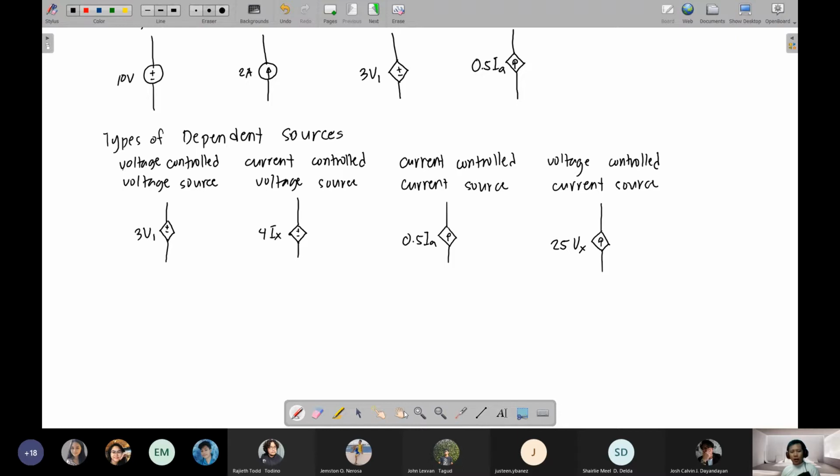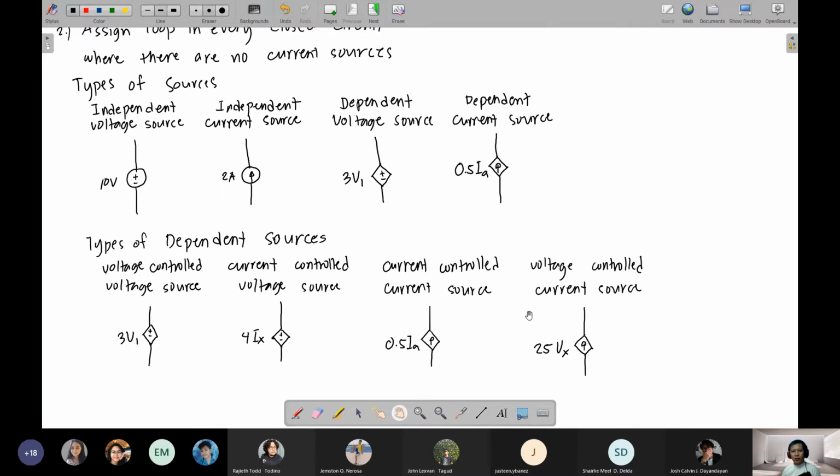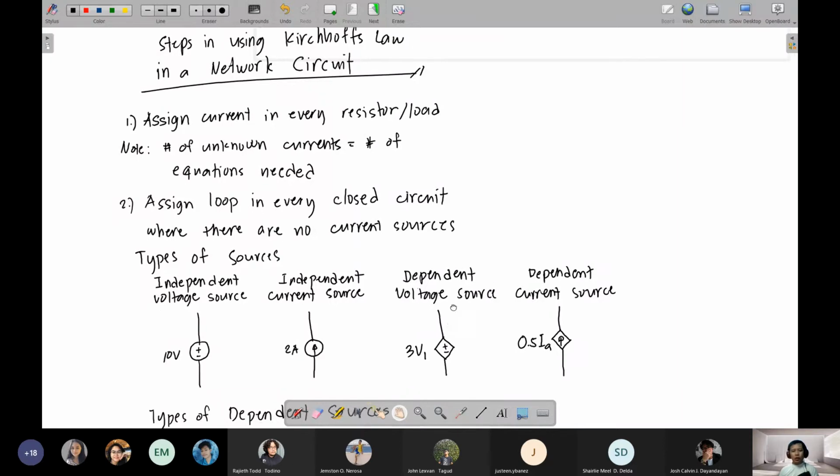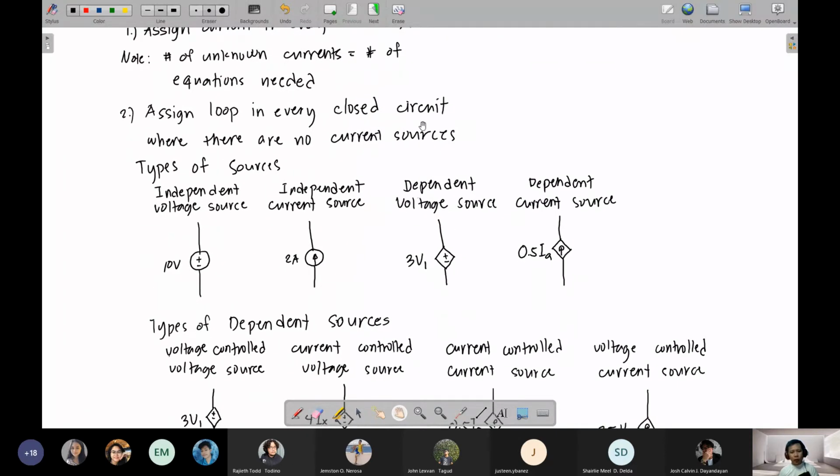Okay, so these are the different types of sources: the independent source and the dependent source, and then the different types of dependent sources. So going back to step number 2, you have to assign a loop in every closed circuit where there are no current sources.